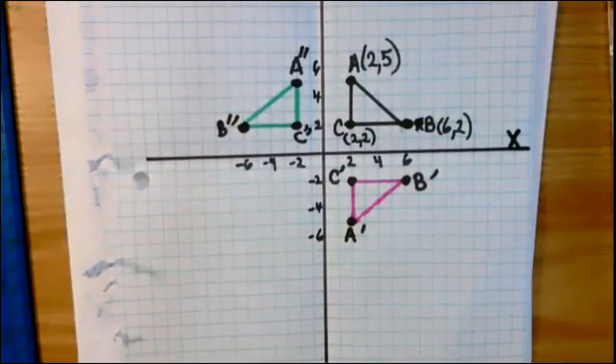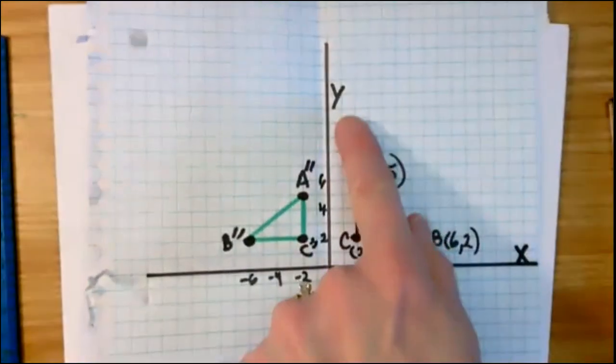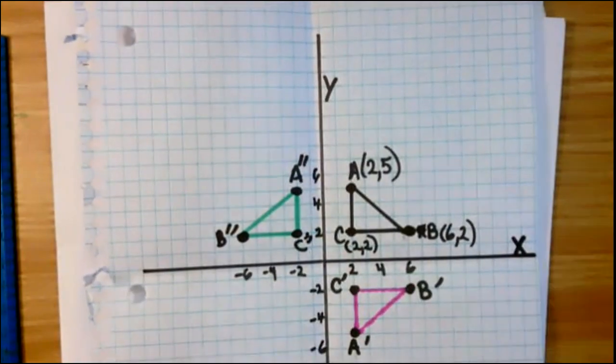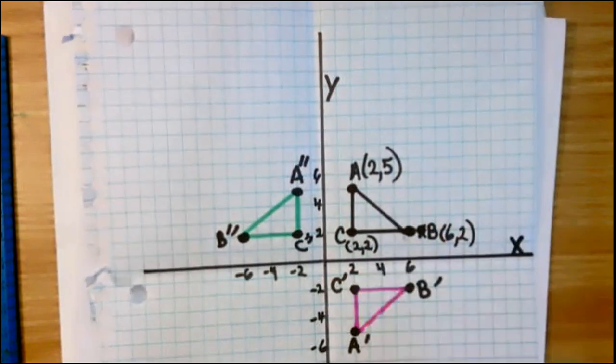Here we are. That is a reflection across the y-axis. This is a reflection across the x-axis. So now let's talk about that a little bit. The distance from point A to the x-axis is how much?